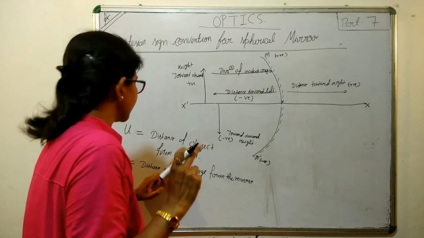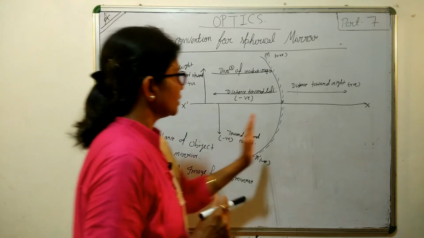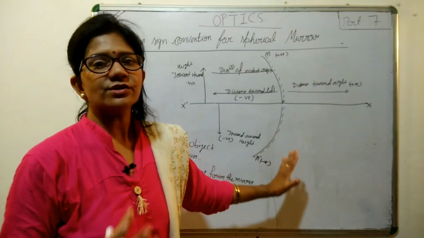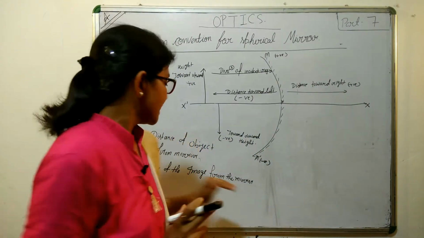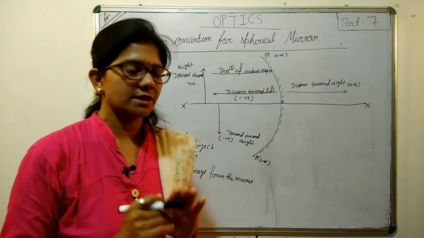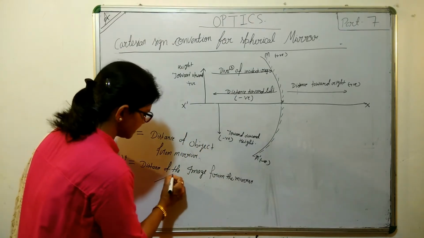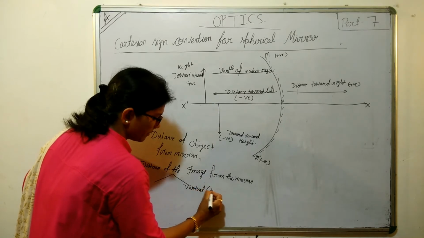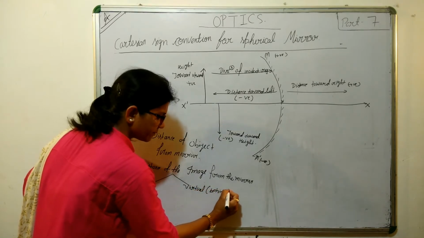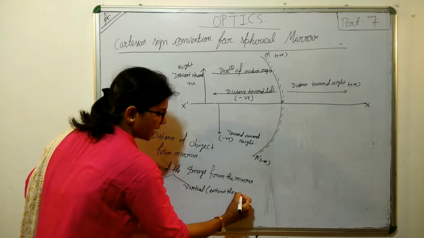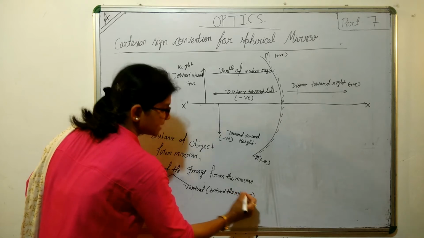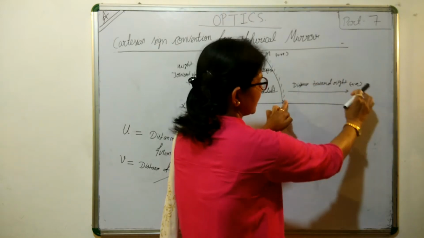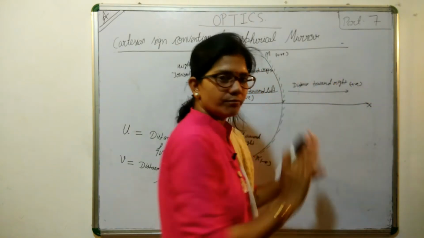If you are getting a virtual image, then you will get the image behind the mirror. In case of a virtual image, this v will be positive. Behind the mirror means toward this side, inside the mirror, so it will be positive.